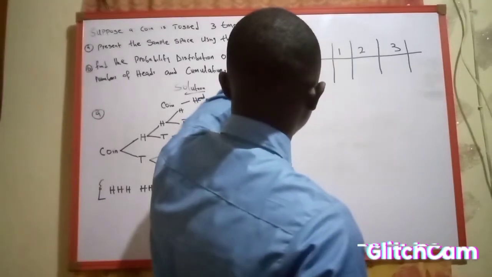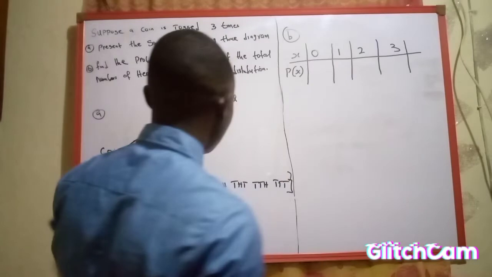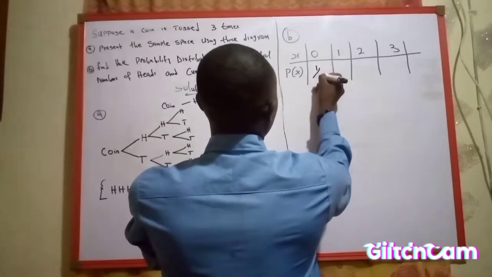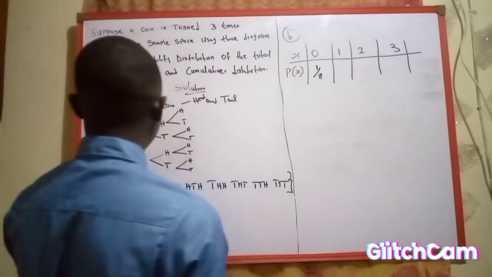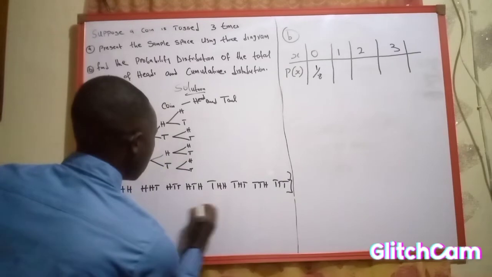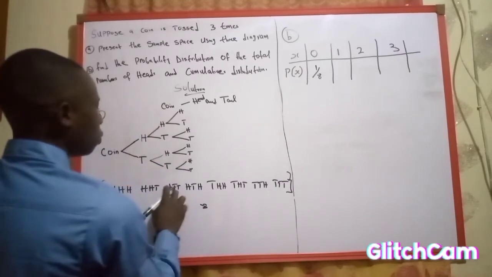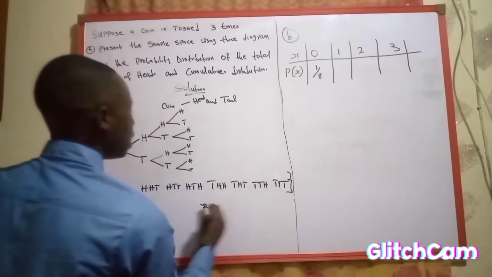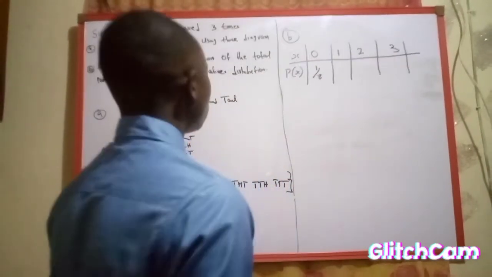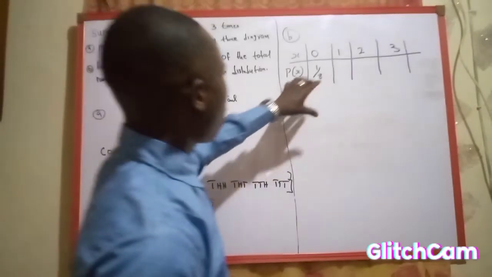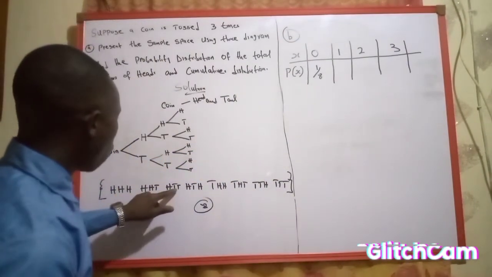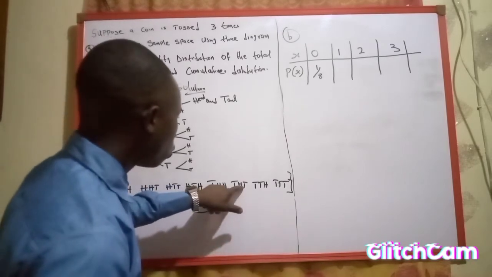So where do we have 0 heads in this possible outcome? It's only 1 place. So we have 1 over 8, because the total number of outcomes in the sample space is 8: 1, 2, 3, 4, 5, 6, 7, 8. That's why it's all over 8. How many times do we have one head? 1, 2, 3.